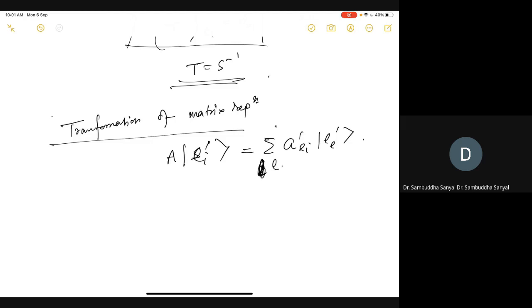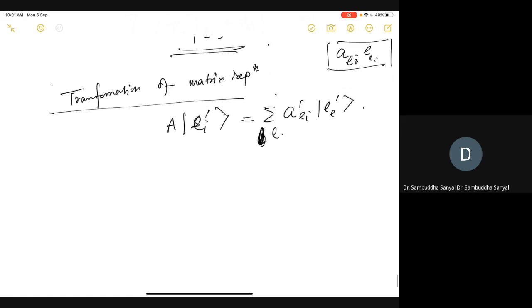Sometimes I might omit this summation because there is this Einstein convention of summation, which means if I write something like A_li E_l, even if I don't put the summation, the repeated index is summed over. It's a convention to save writing so many summations. Sometimes I might use that.